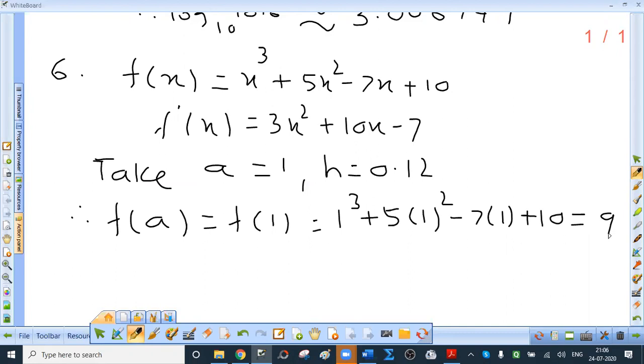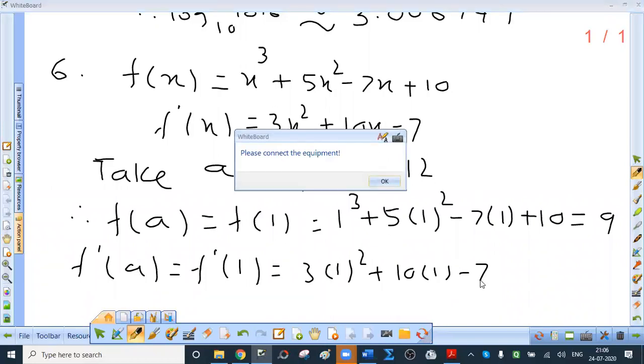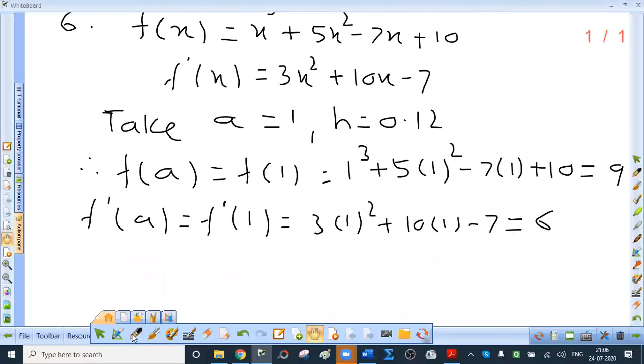Check. 9. So what is f dash of a then? It is f dash of 1. So 3 into 1 square plus 10 into 1 minus 7. Okay. So this is nothing but 6. Now write formula for approximation.